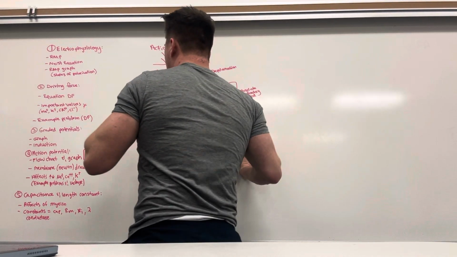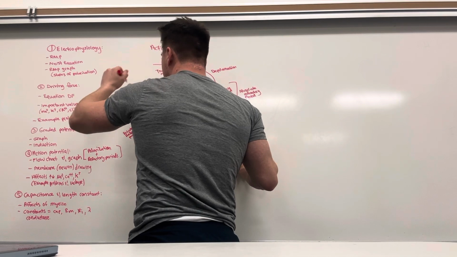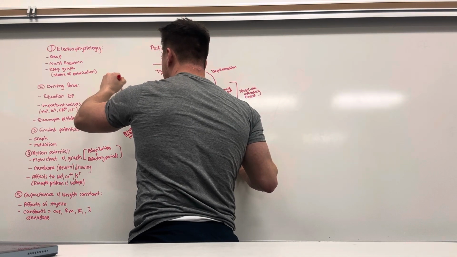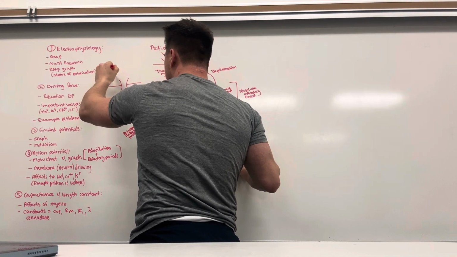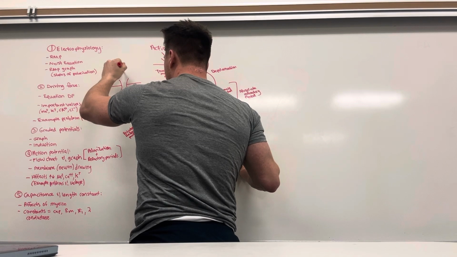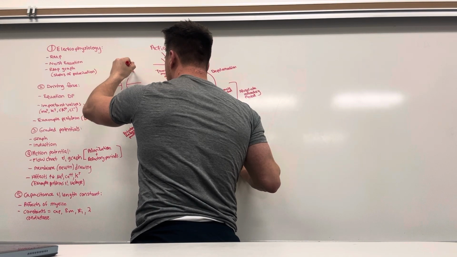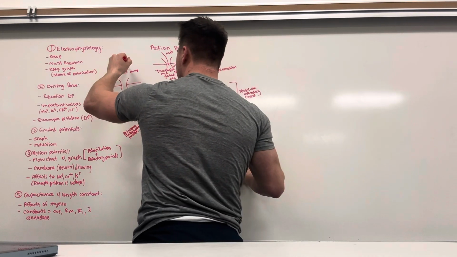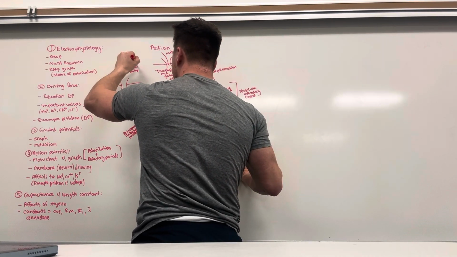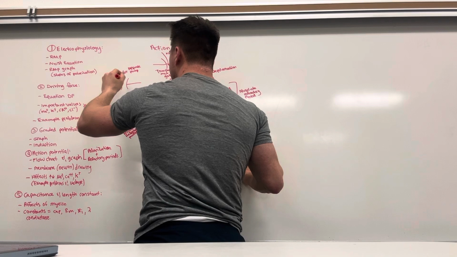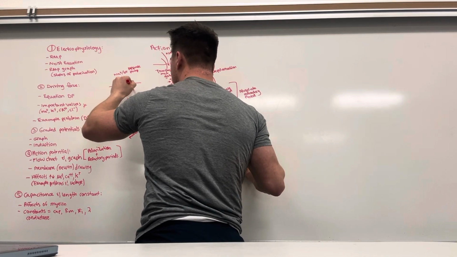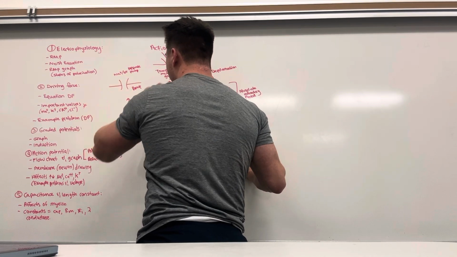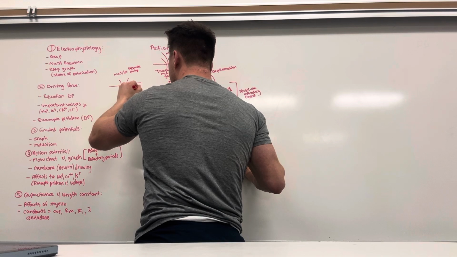And so we're in this state of hyperpolarization. So what ends up happening is you have our famous sodium potassium pump. And this gets us back to a resting membrane potential, to a polarized state.